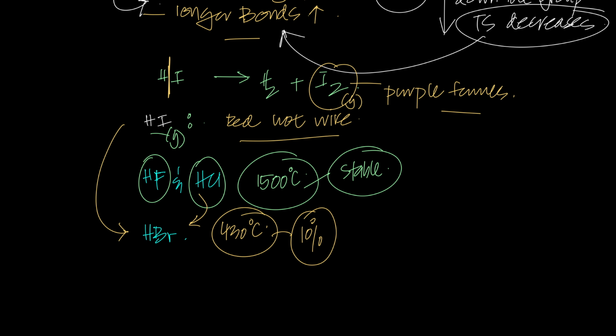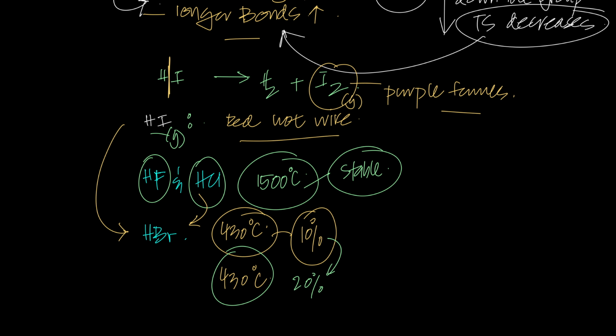And just to give you an idea, if you provide the same 430 degrees Celsius temperature to HI, about 20% of HI would decompose. So relatively speaking, you could say HBr is about twice as strong as the HI bond.